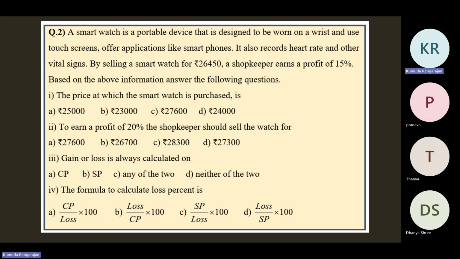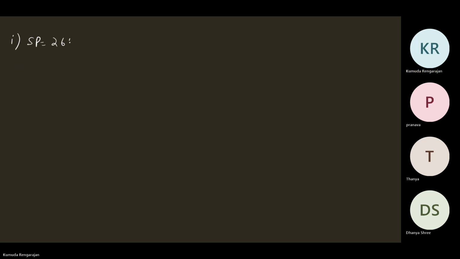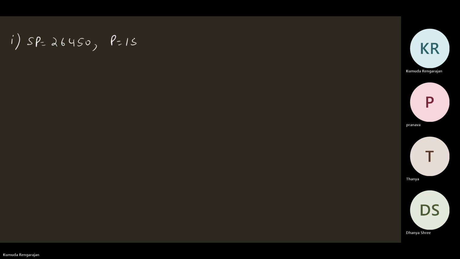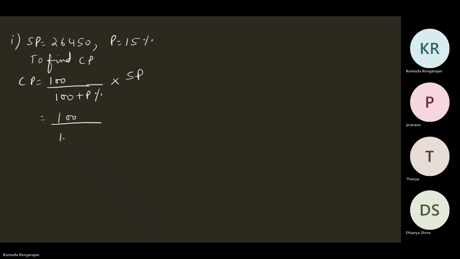Selling price is equal to 26,450. CP is equal to 100. Correct? What's the final answer, children?